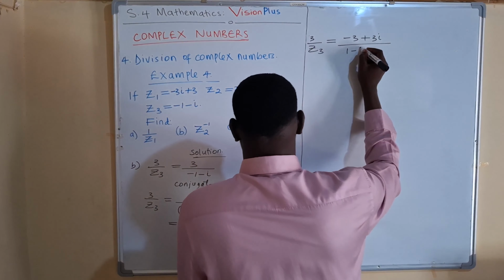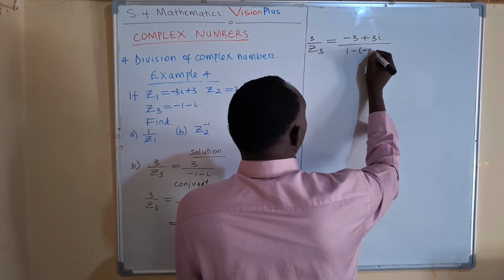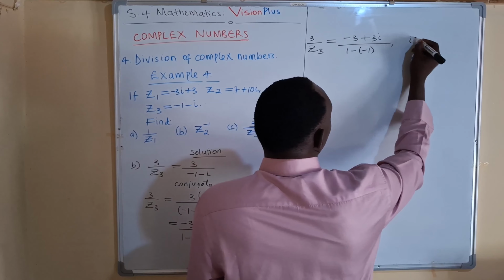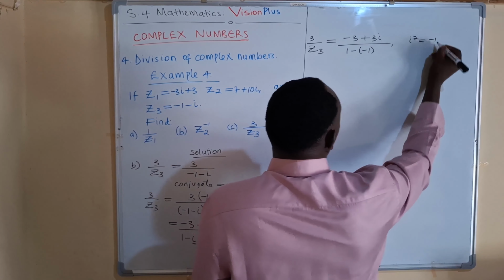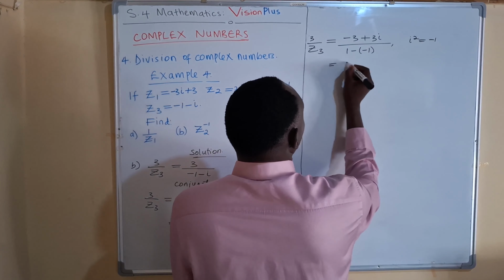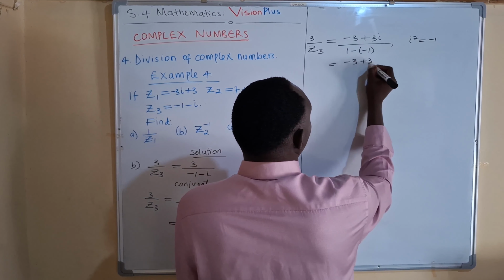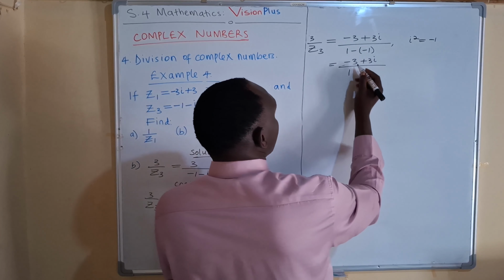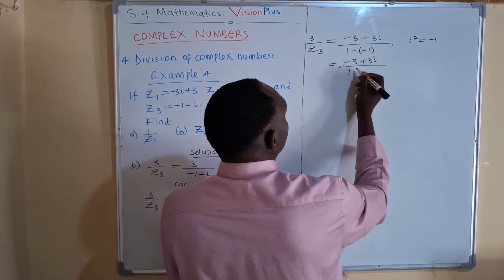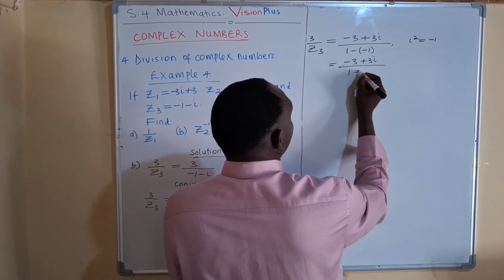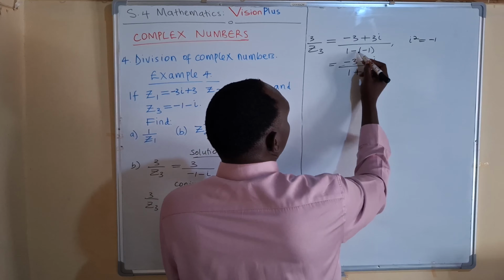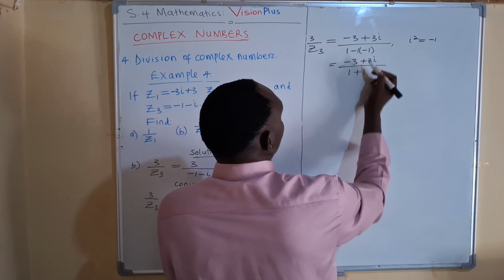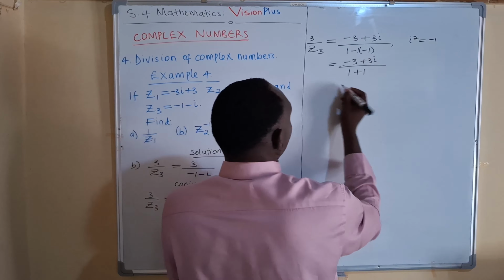But what is i squared? i squared is negative 1. So what do we do here? We shall have negative 3 plus 3i over 1 minus negative 1. 1 minus negative 1 is 1 plus 1, which is 2.